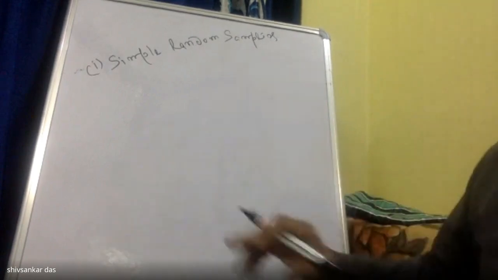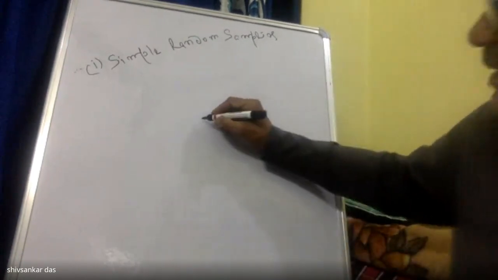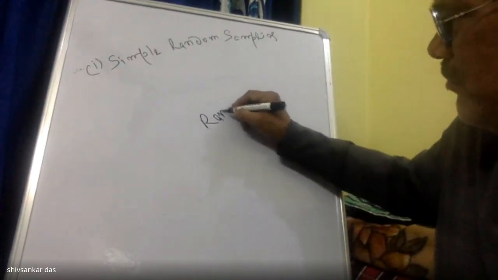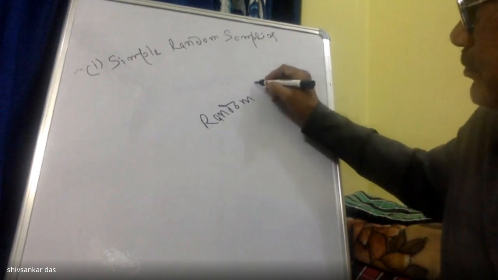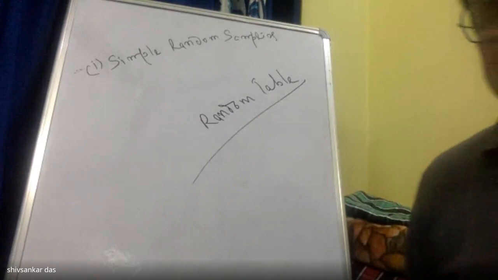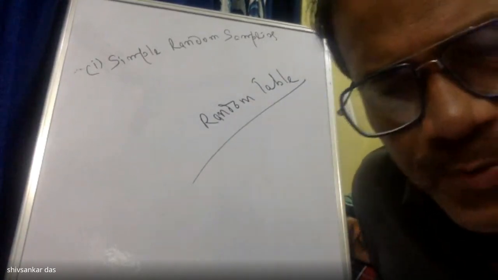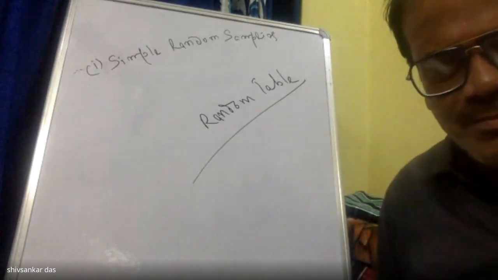It is difficult. In that case, there is a simple random table. Statistically, it is proved that the random table is used to draw a large sample from a large population.